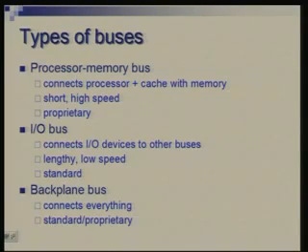The second in our list is the I/O bus, where the main purpose is to connect I/O devices to the rest of the system. So a number of I/O devices can be hung on the bus, and this bus is carrying comparatively lower speed of traffic, and this could be lengthy because these devices and their controllers could be physically spread out. They could be larger in number, and they could be physically spread out.